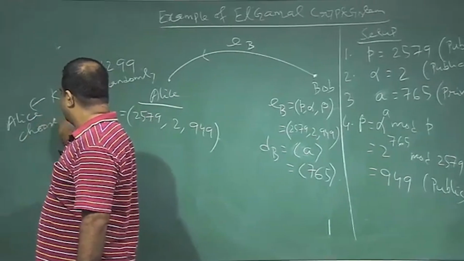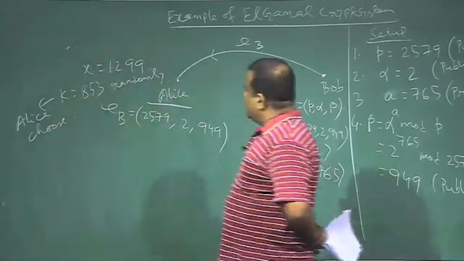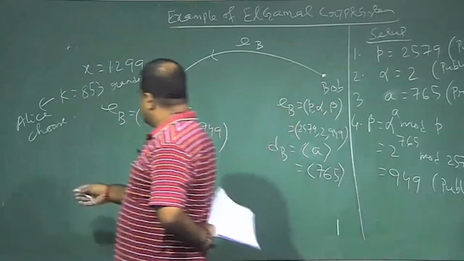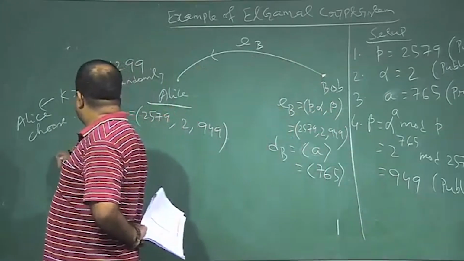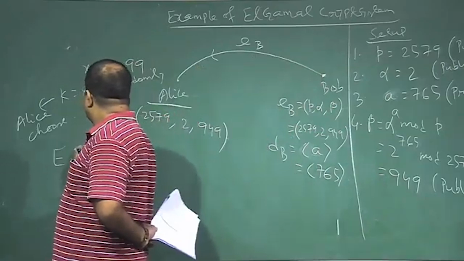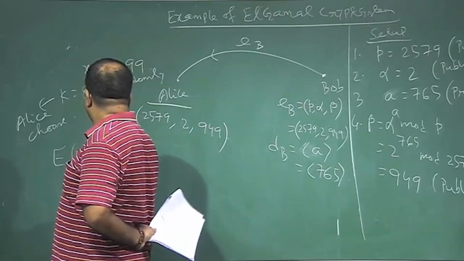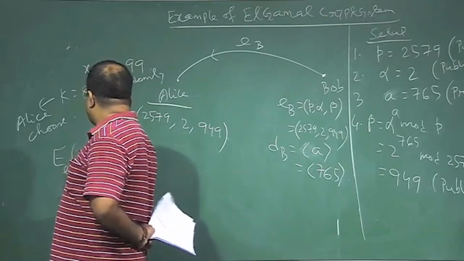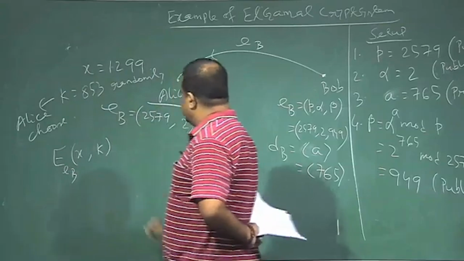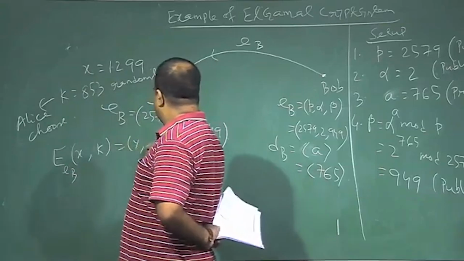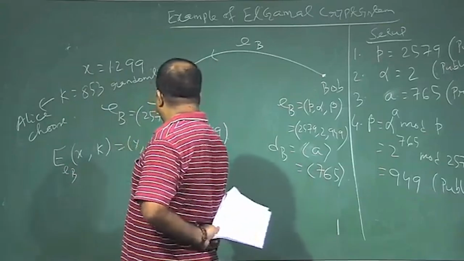Then Alice encrypts this X with this K using Bob's public key and generates Y1, Y2. This is the ciphertext C.